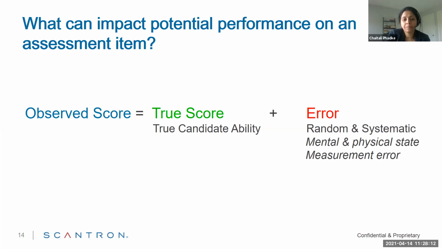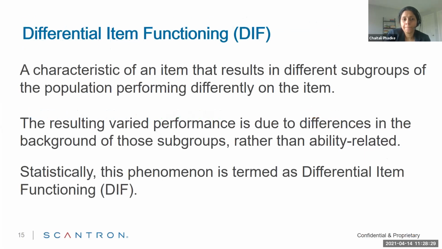Measurement errors can be systematic or random, and today we have been discussing a type of measurement error known as bias, as it relates to candidates from certain population sections performing differently from some other section of the population. So in psychometrics, this phenomenon of different performances across subgroups for the same level of ability is reflected in what is called differential item functioning.